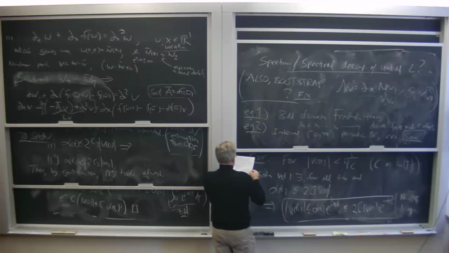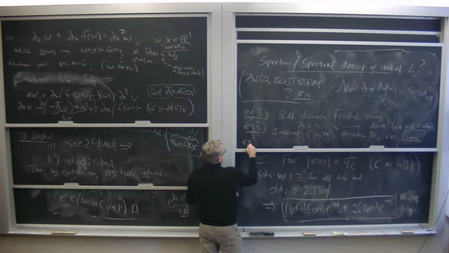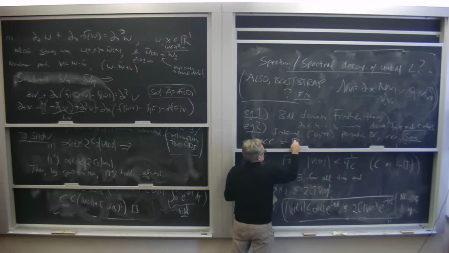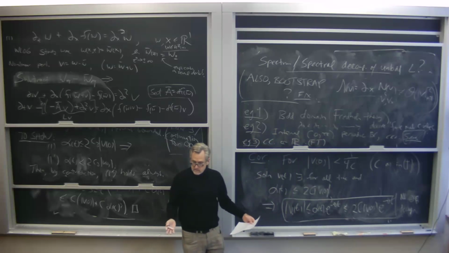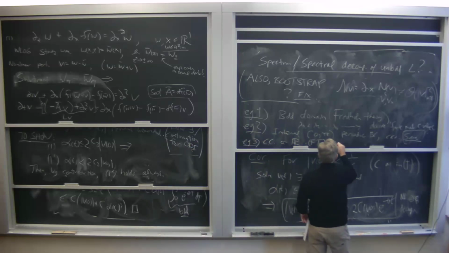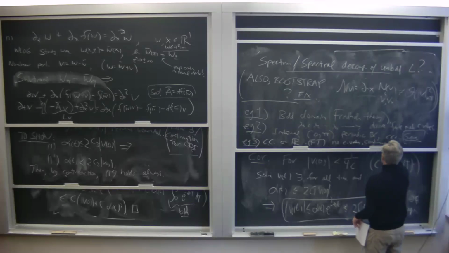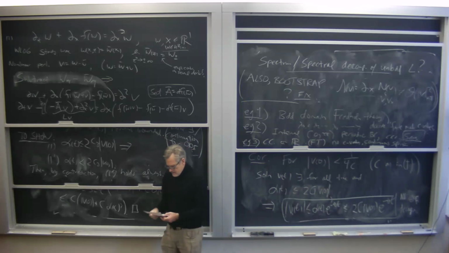Third example, constant coefficient on R. So we can take the Fourier transform to understand the spectra there. And now the spectra is continuous. It has no eigenvalues, just continuous spectrum. So things are getting different.